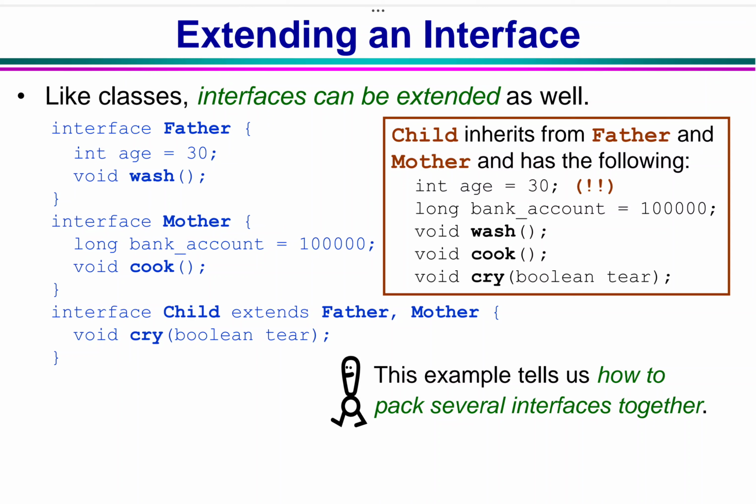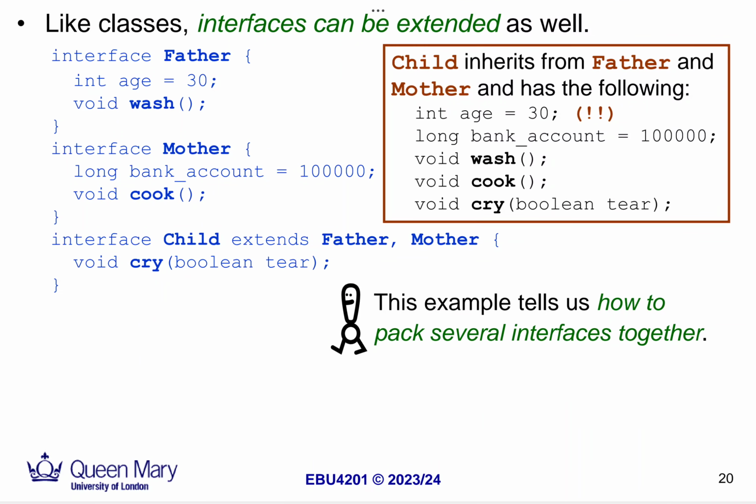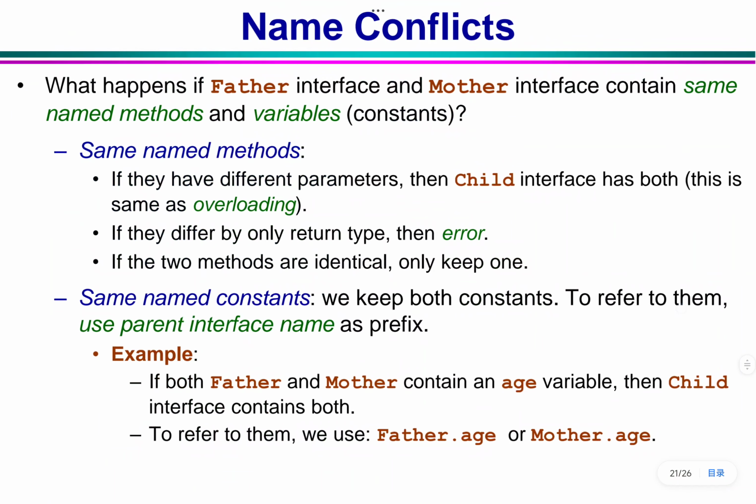Oh, that's so cool. What happens if the names come up in both interfaces? If they have different parameters, then the children inherit both. This is overloading. If they differ by return type, then it is an error.